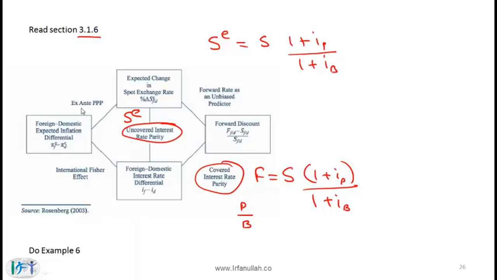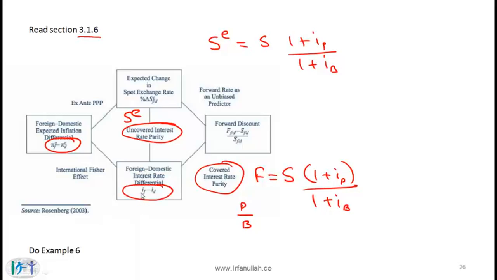Ex ante PPP, purchasing power parity, essentially says that future spot rates can be predicted based on inflation rate differentials, and the international Fisher effect essentially says that the real interest rates are the same in both the foreign currency and the domestic currency, and what that then leads us to is the fact that the differential in inflation rates will equal the differential in interest rates.